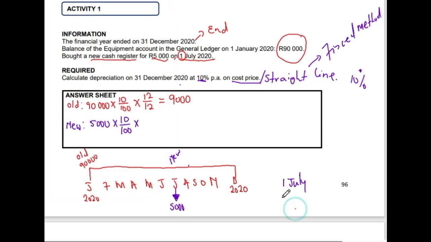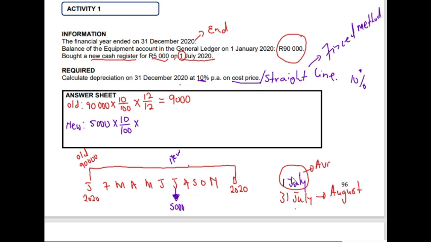But if we bought this equipment on the 31st of July, this equipment will be available when? The following month, which is August. Since they told us that we bought our equipment on the 1st of July, then it's available this month.